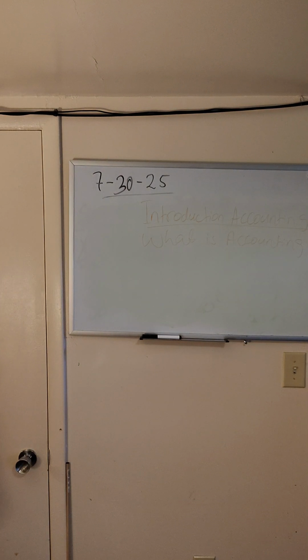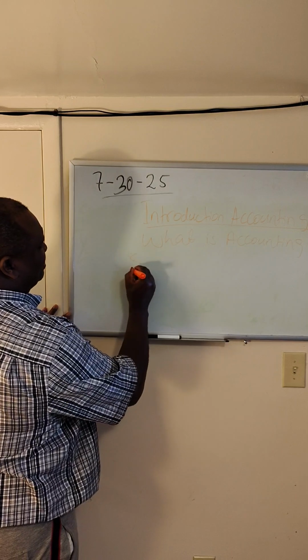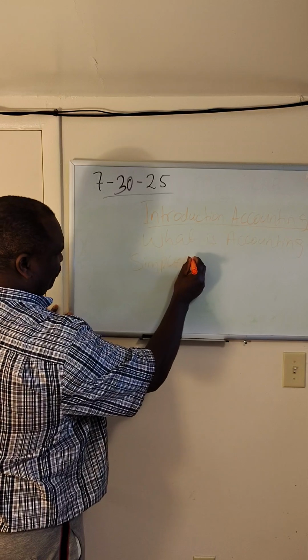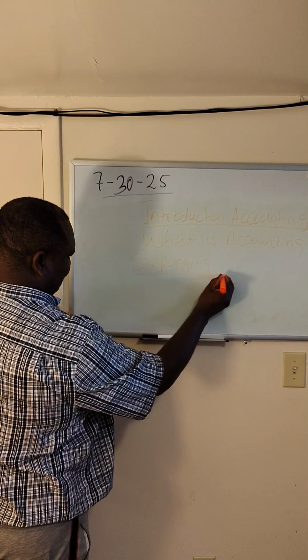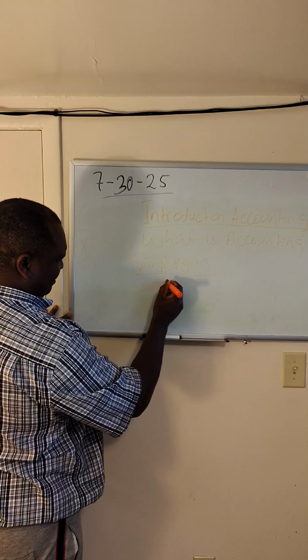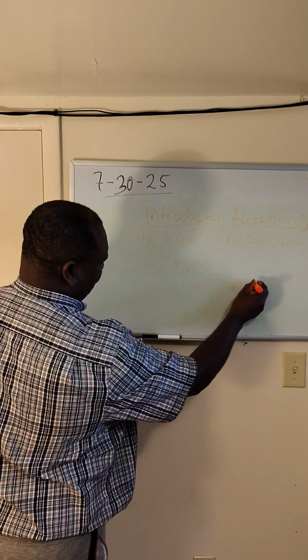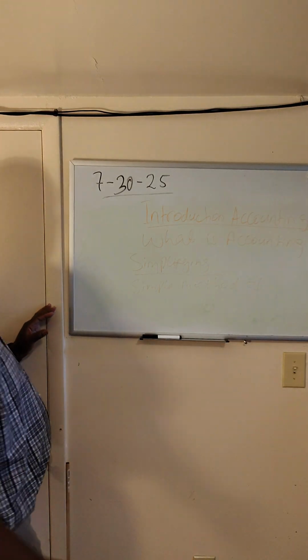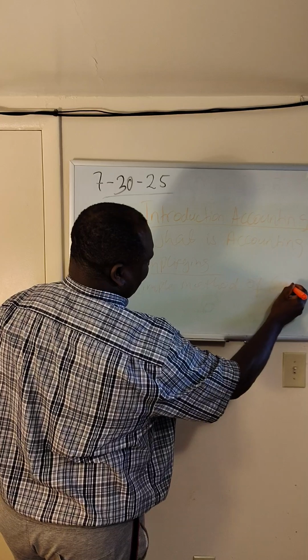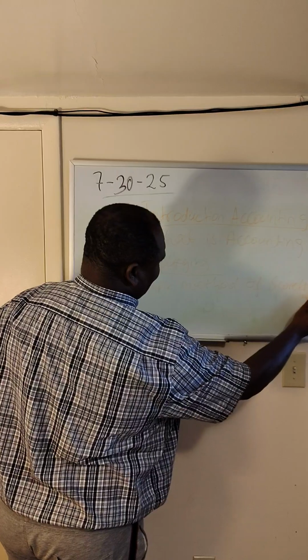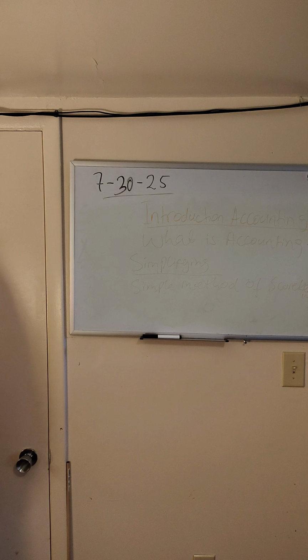So accounting can be thought of as a simple method of scorekeeping for your business. Remember, I'm simplifying it for you. It's just a simple method of keeping your scores. Accounting is a simple method of scorekeeping, and what are we keeping?